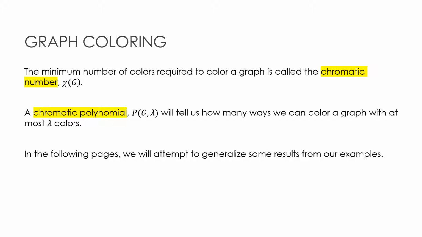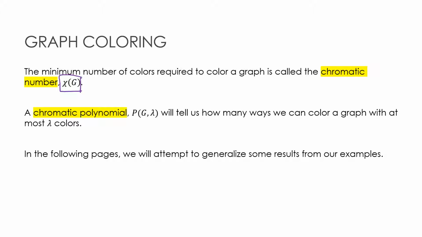So again, we'll be looking for 2 different types of things. One is, what is the chromatic number? The chromatic number is what we were just looking at, which is the minimum number of colors required to color the graph. So in this case, chi(G) would be the chromatic number for the graph.